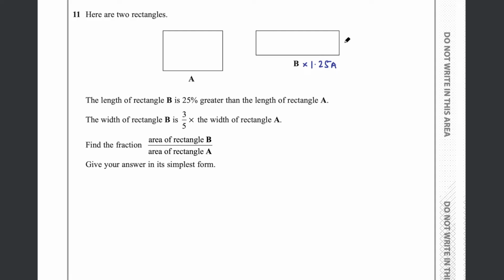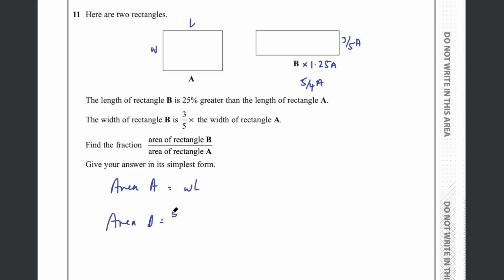Okay, so then the width is going to be 3/5 times A. So let's say the width of A would be W and the length of A would be L. So the area of A would be just W times L. Then the area of B would be, another way of writing 1.25 is 5/4.